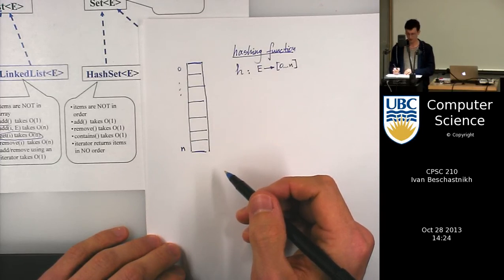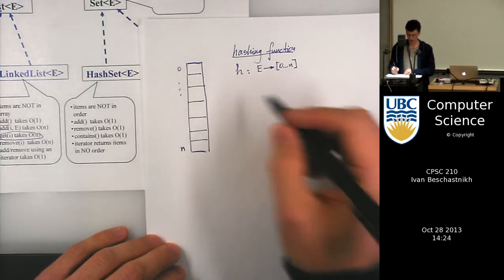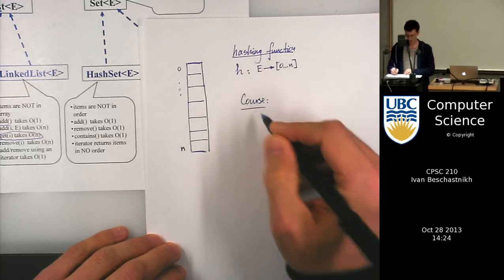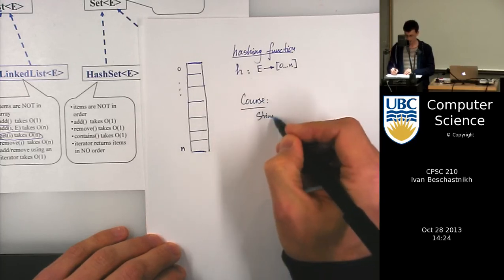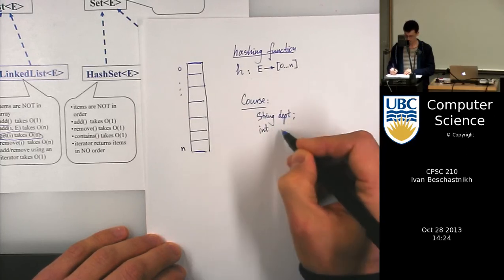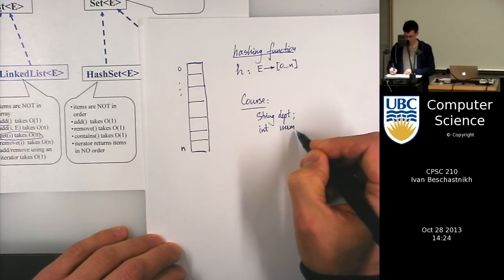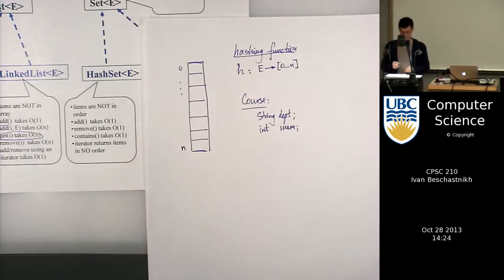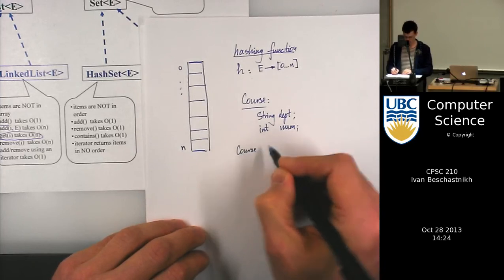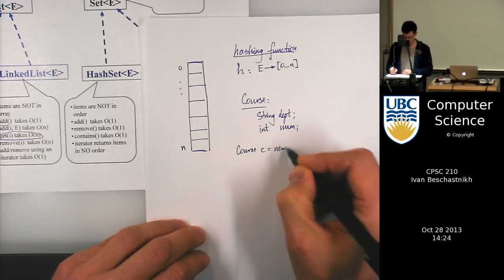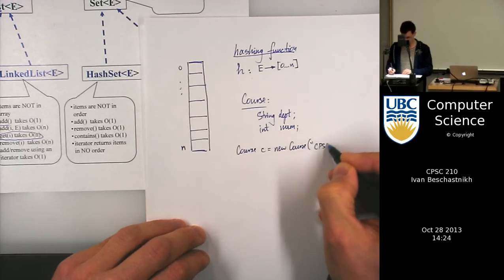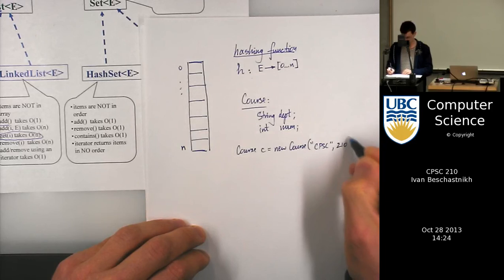So if I have an object like course, which we went over last time, and the course has a department, it also has some number. So let's say I had a course object, so I would say course C equals new course CPSC 210.